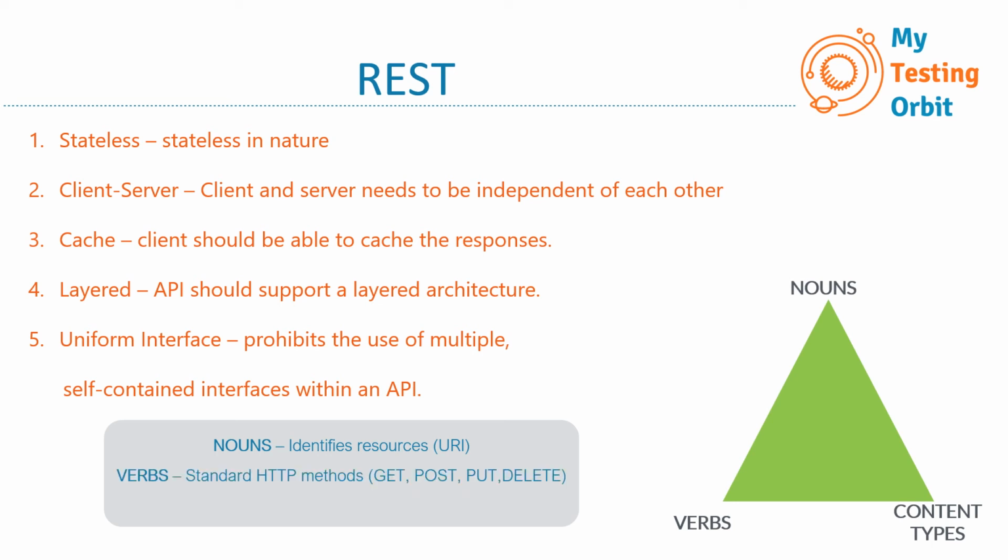Then there are verbs, which are standard HTTP methods like get, post, put, delete. And the content types, like HTML, XML, JSON, etc. We will be discussing this in a lot more detail because we will be mostly using REST APIs with Postman. So we will get to know all this more in detail.